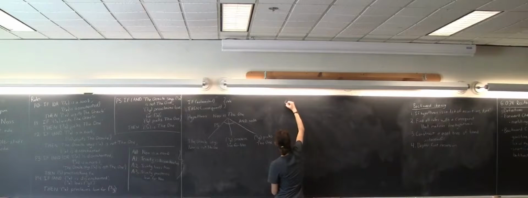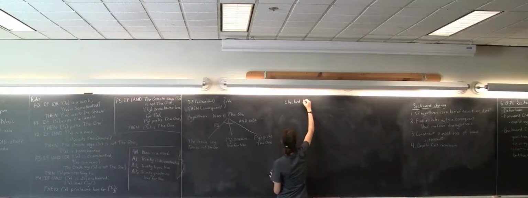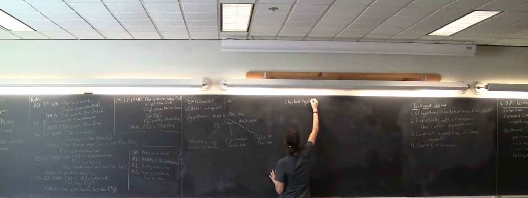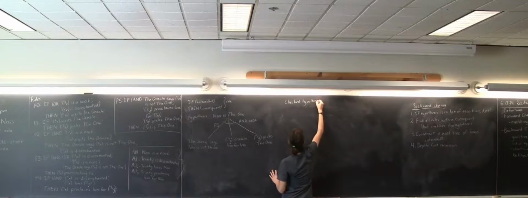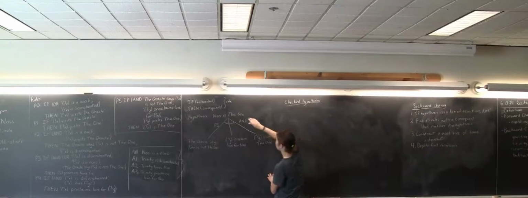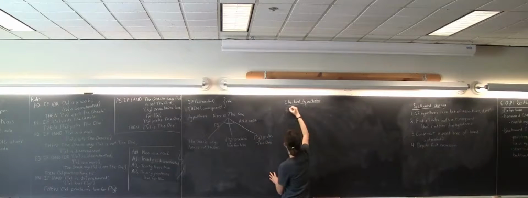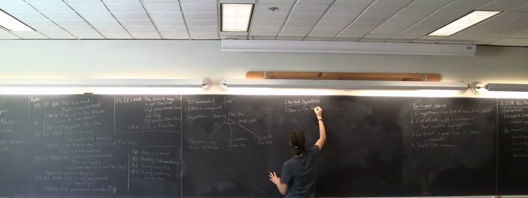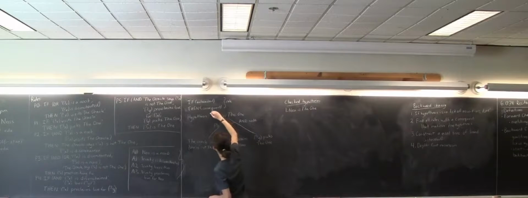So if we were to write a list of checked hypotheses, the first one would be Neo is the one, because that's the first thing we tried to look up. So I'll put a 1 next to that.